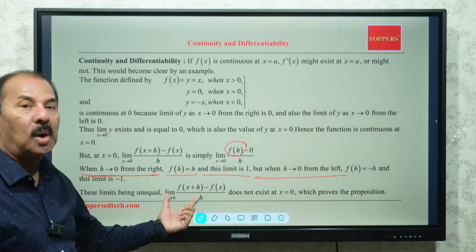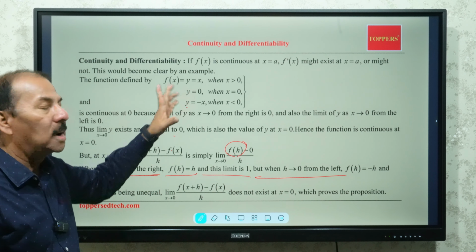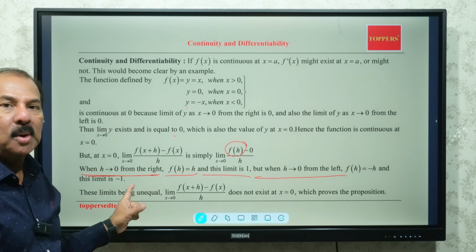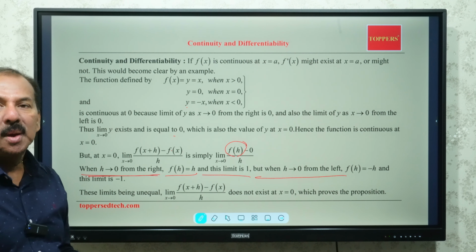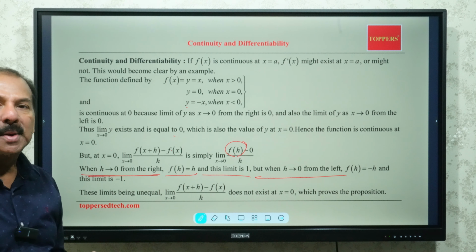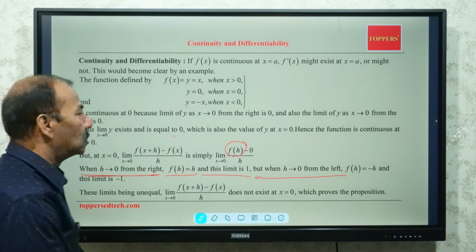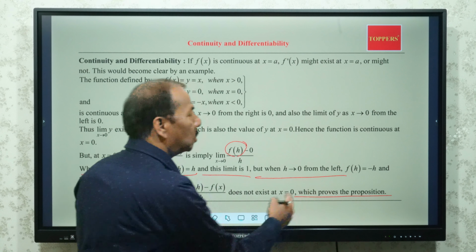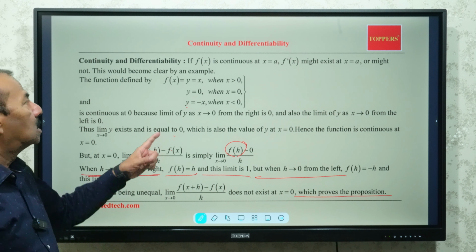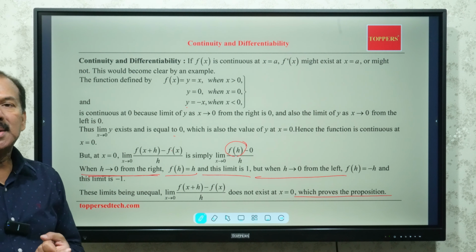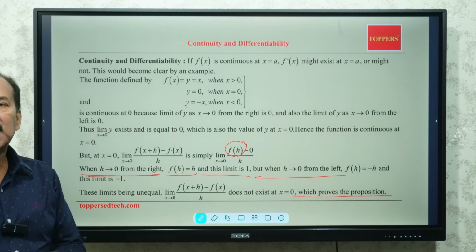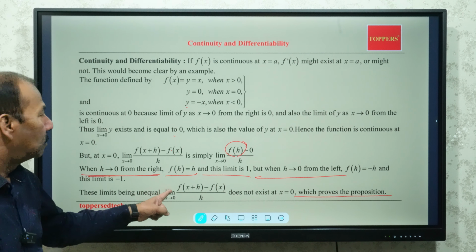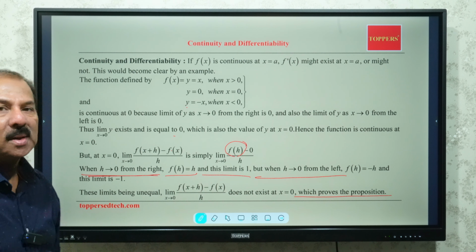So the function is not differentiable, because the left hand derivative and right hand derivative exist, but they are not equal, which is the required condition for differentiability of a function. So this proves our proposition: that if a function is continuous, it does not mean that it is also differentiable. So this is justified by taking this example.